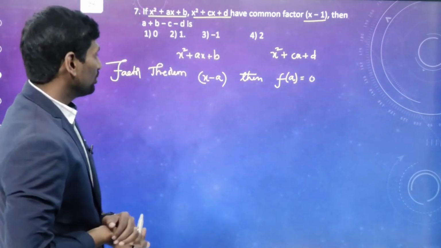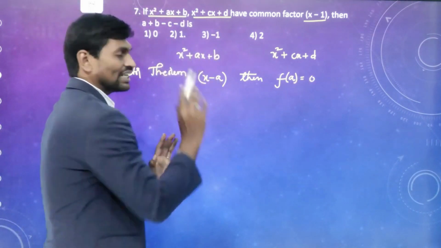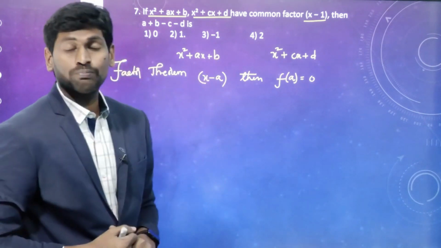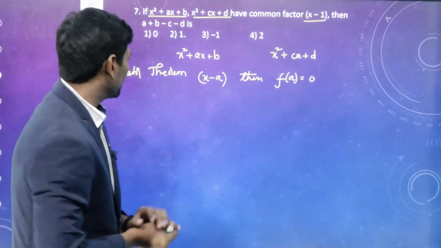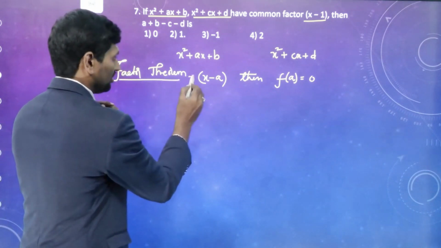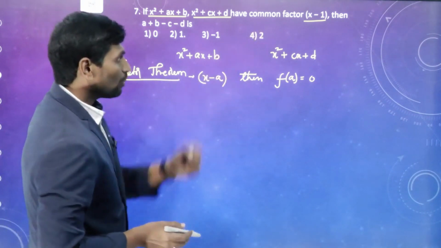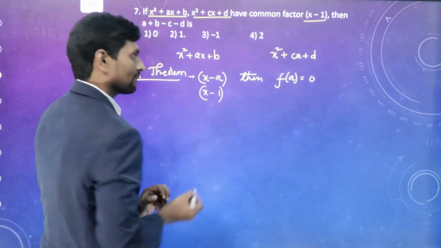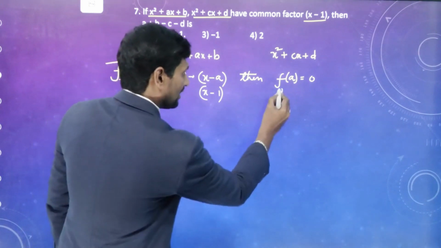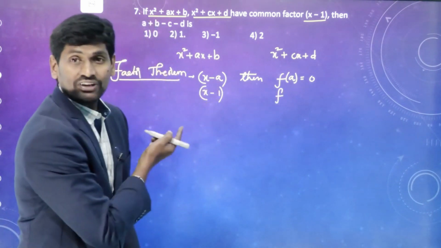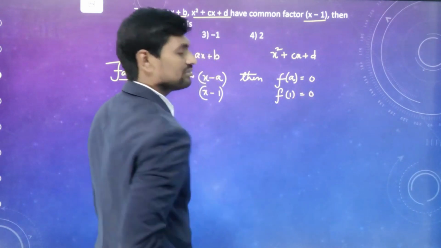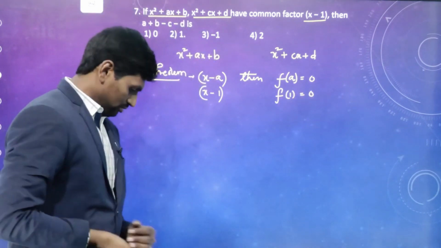That means while you are substituting the a value in the given polynomial, the entire polynomial value becomes 0, according to the factor theorem. Okay? Same way, here what is the factor? X minus 1. Then in the place of a we can take 1. That means f of 1 equals 0.